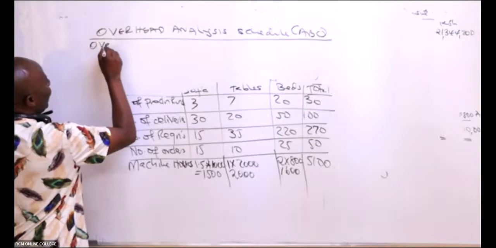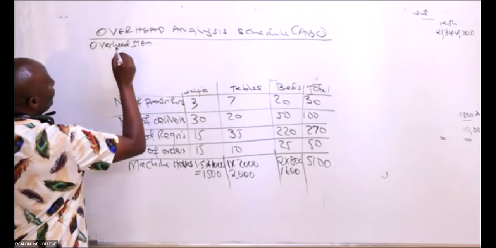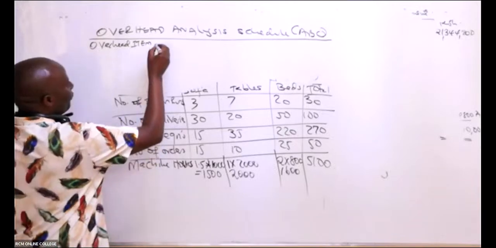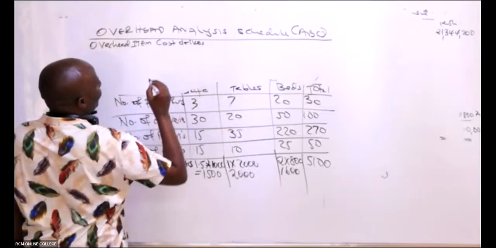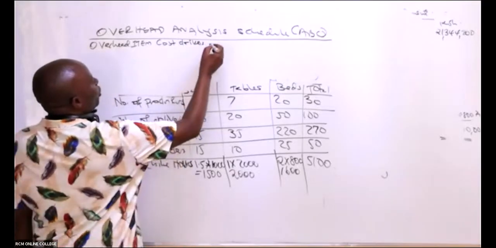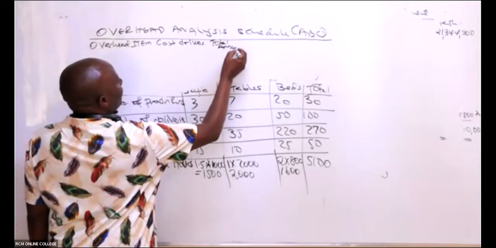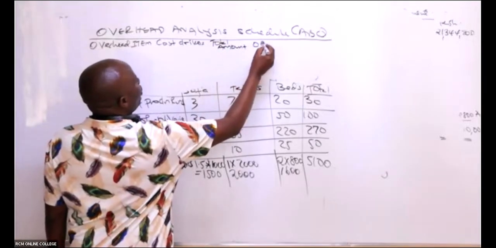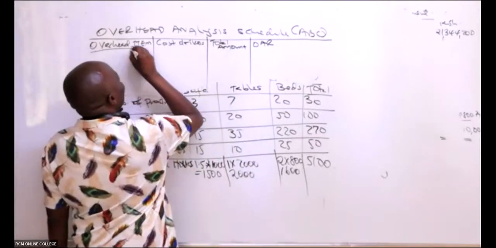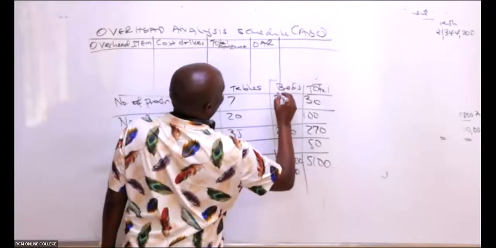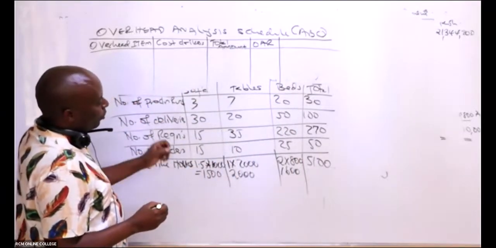You have the overhead item. You have the cost driver. Then you have the total amount. Then you have OAR. Then you have your overhead being spread to the products.